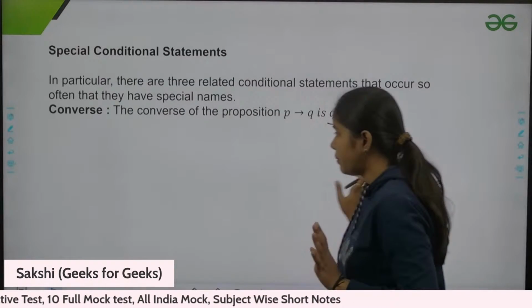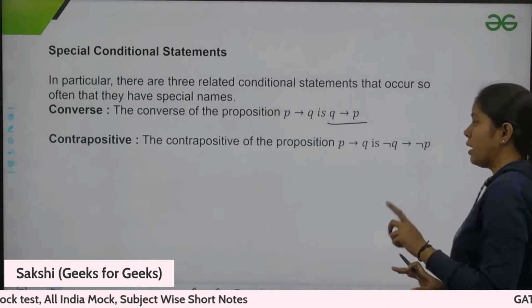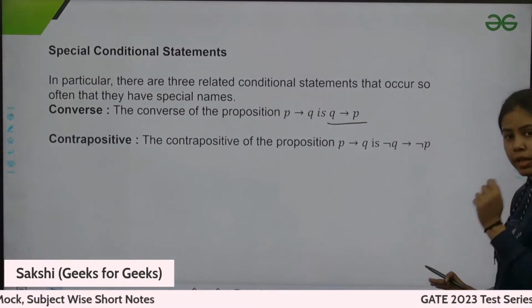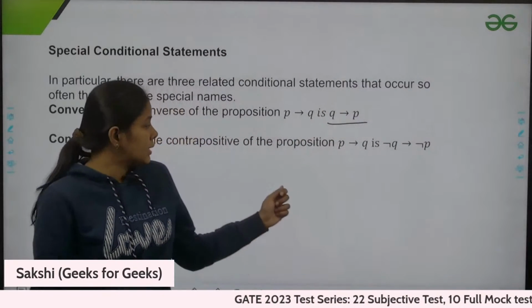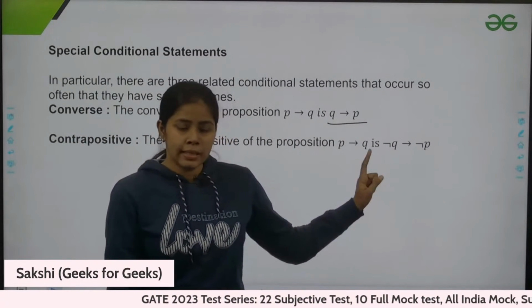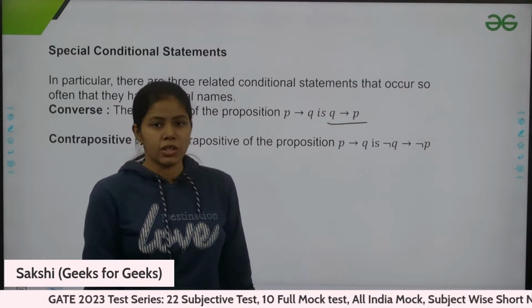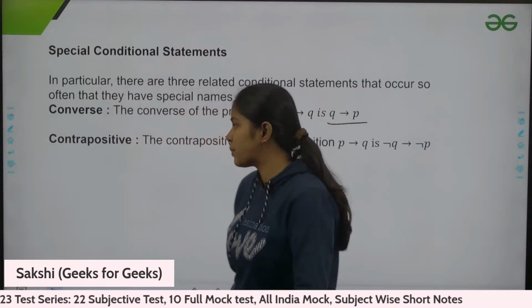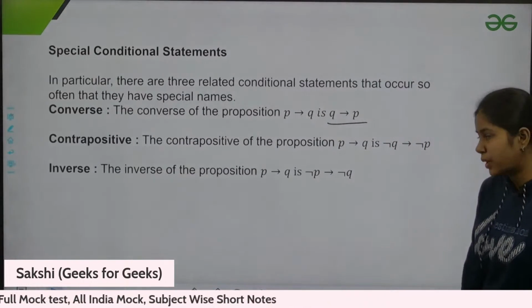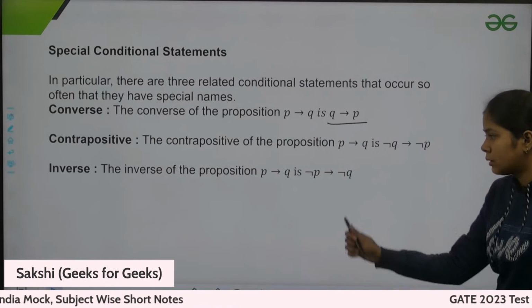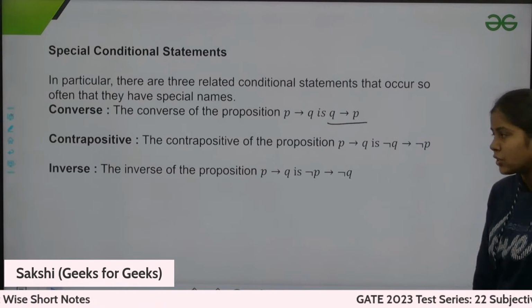Now the next thing is contrapositive. It says that for p implication q, the contrapositive is negation of q, implication negation of p. That means if p then q becomes if not q, then not p. This is my contrapositive. The third one is inverse. The inverse of the proposition p implication q will be negation of p, implication negation of q.